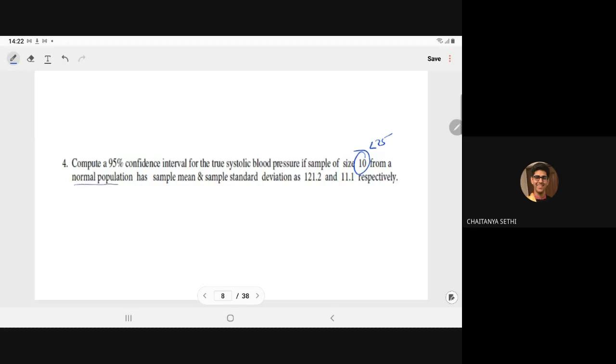The population is normally distributed and the sample size is less than 25, with sample mean and sample standard deviation 112 and 11.1 respectively. So what is this? This is the x bar and this is the s.